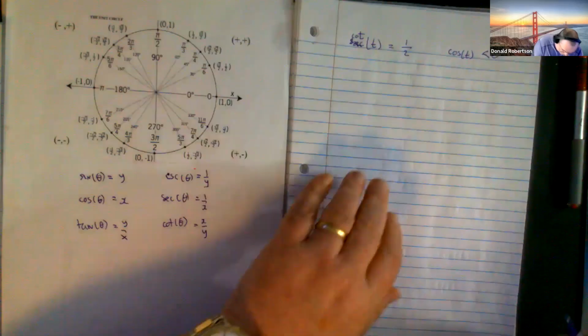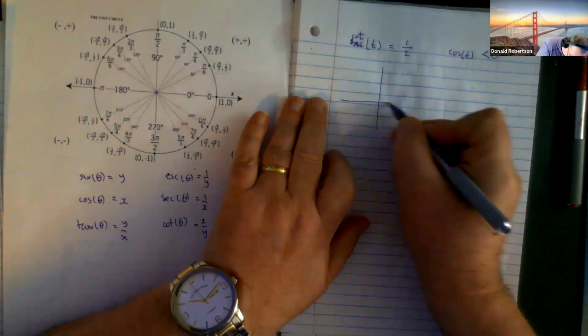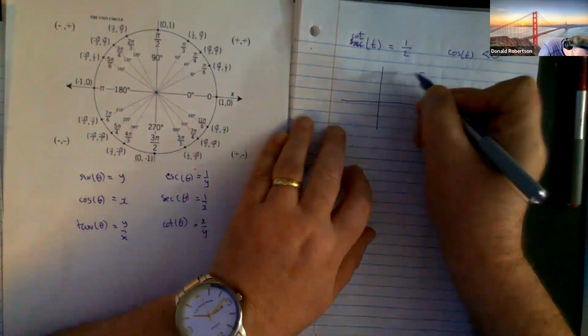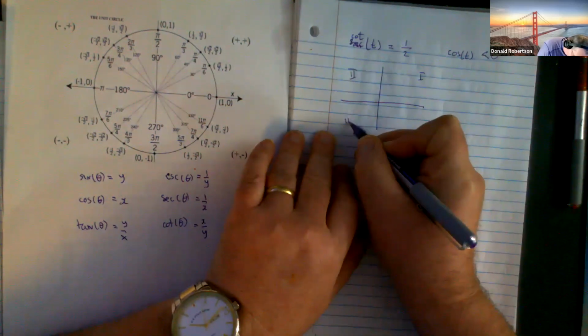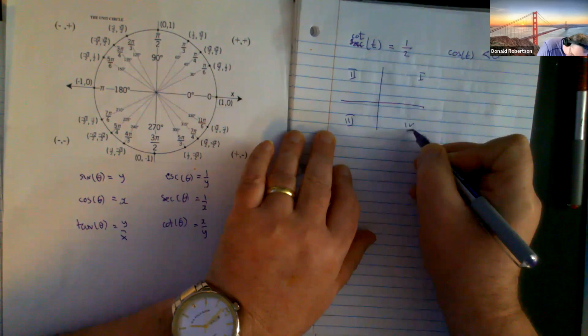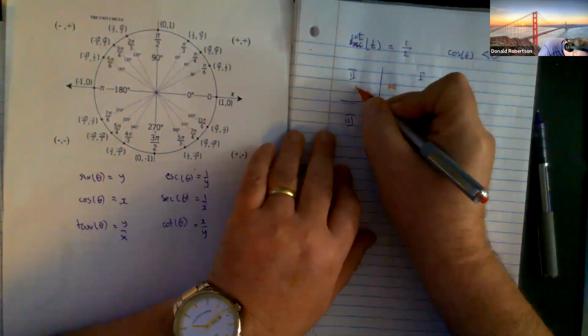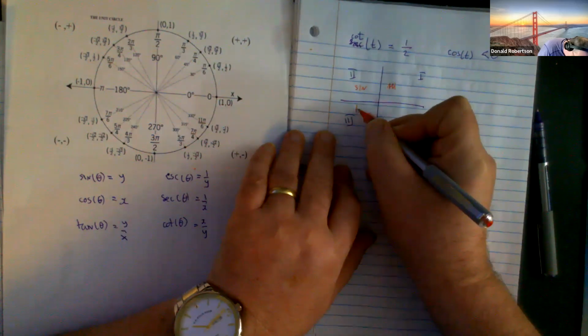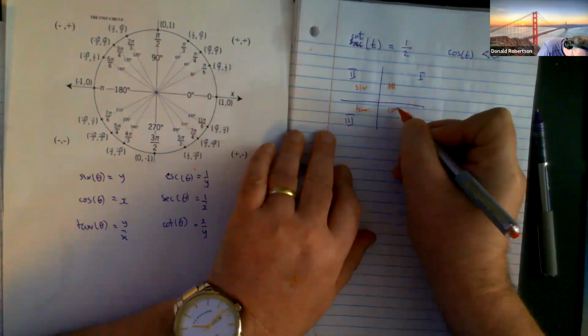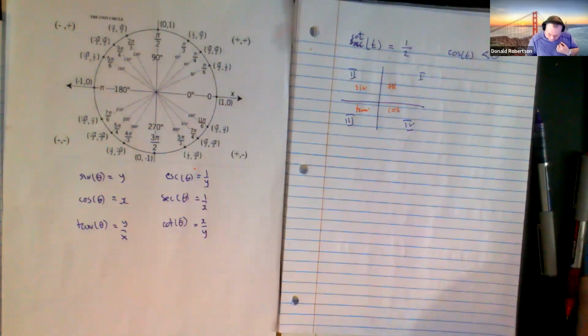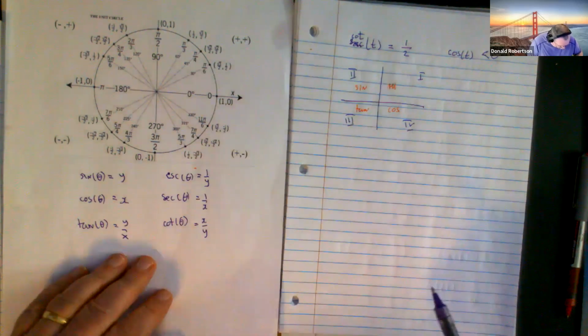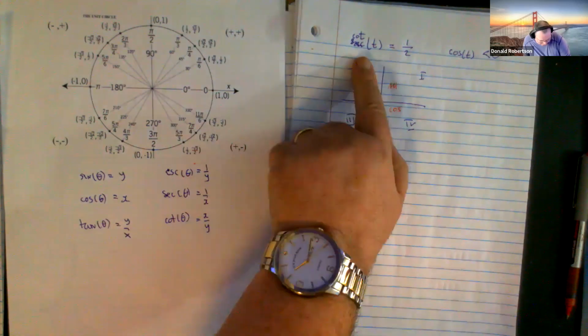So the first thing I'm going to do is figure out which quadrant the angle t is going to be in. All, sine, tan, cos. Who does the cotangent pair with?